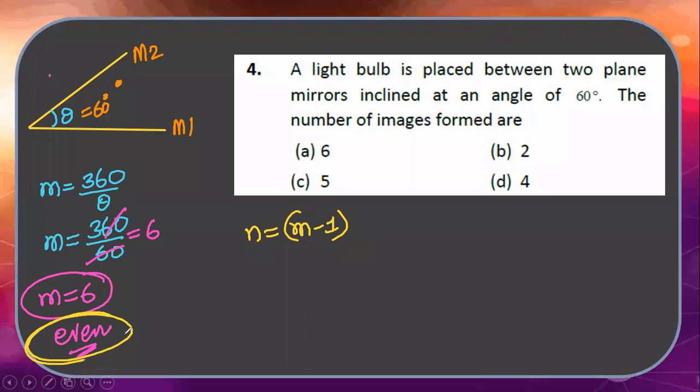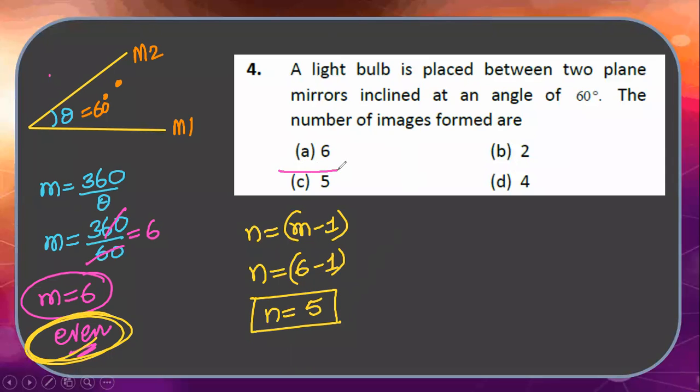So N is equal to 6 minus 1, which is equal to 5. The number of images formed will be equal to 5.